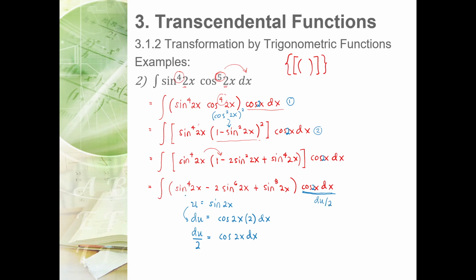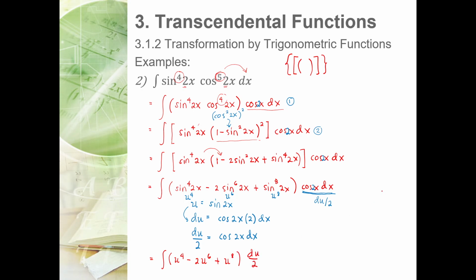So this term here is du over 2, and this one is u to the fourth, u to the sixth, u to the eighth. So the equation becomes the integral of u to the power of 4 minus 2u to the power of 6 plus u to the power of 8, and then du over 2.